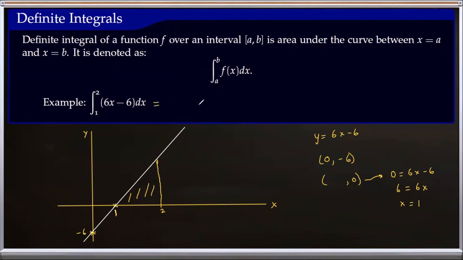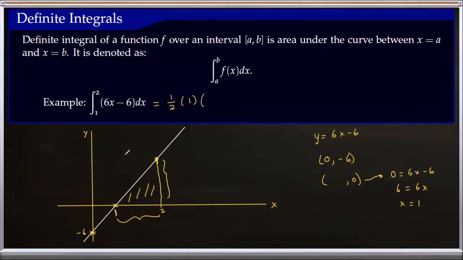So we can simply find the area using the formula for the area of a triangle, 1/2 base times height. The base is this length here, 2 minus 1, the distance from 1 to 2, which is 1. To get the height, you can find the y value over here.